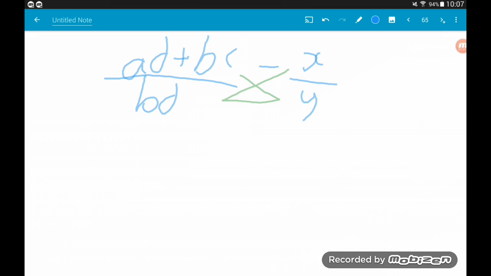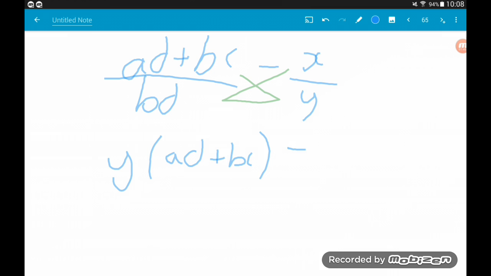So we are doing y lots of (ad plus bc), so the bottom of the second times the top of the first, and minus the bottom of the first times the top of the second.